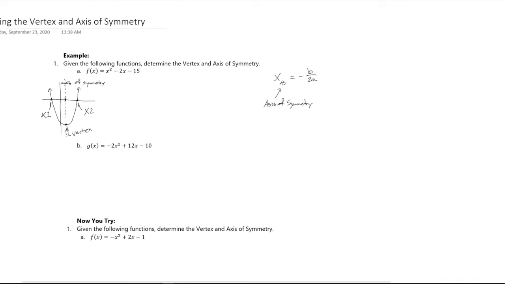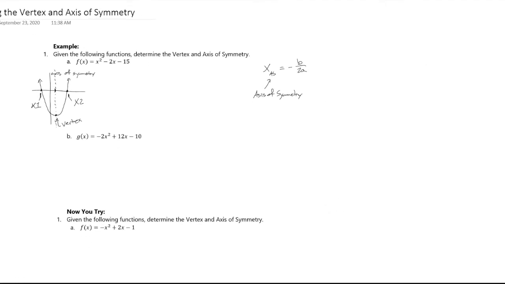If we remember the quadratic formula, the x-intercepts can be given by negative b plus or minus the square root of b squared minus 4ac all over 2a. And this is given a function f of x, or let's call it q of x for quadratic function, equaling ax squared plus bx plus c.